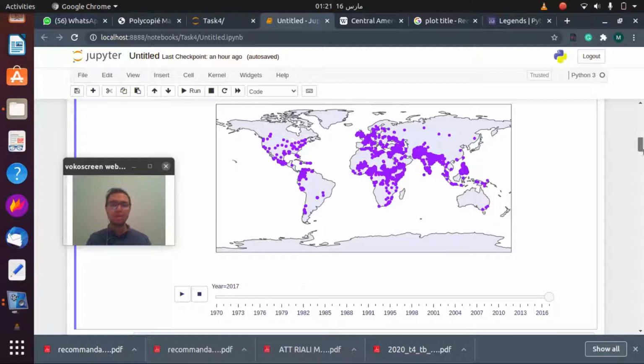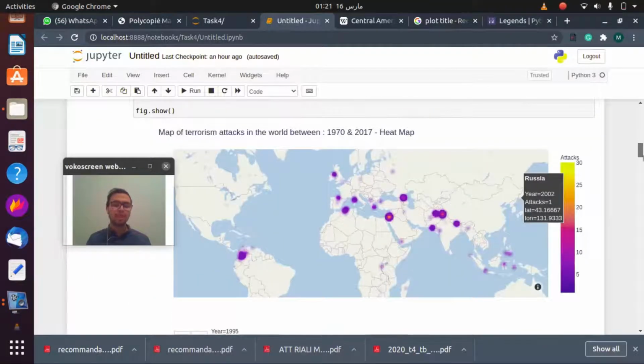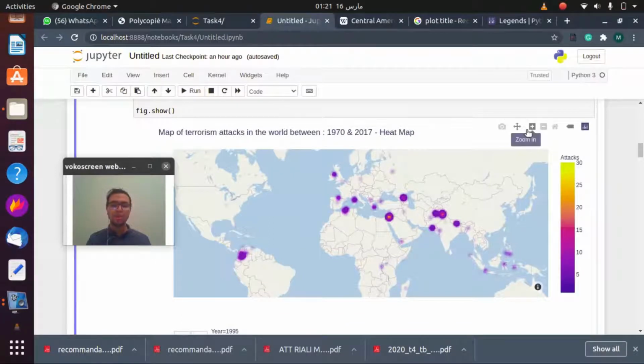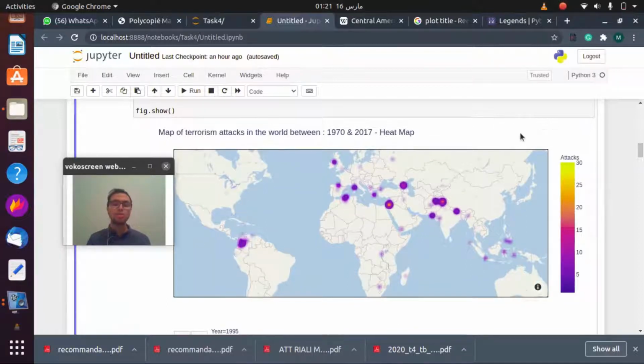So let's analyze our data. Here we have just another map where we can zoom in to get to the street level, the house level, etc.